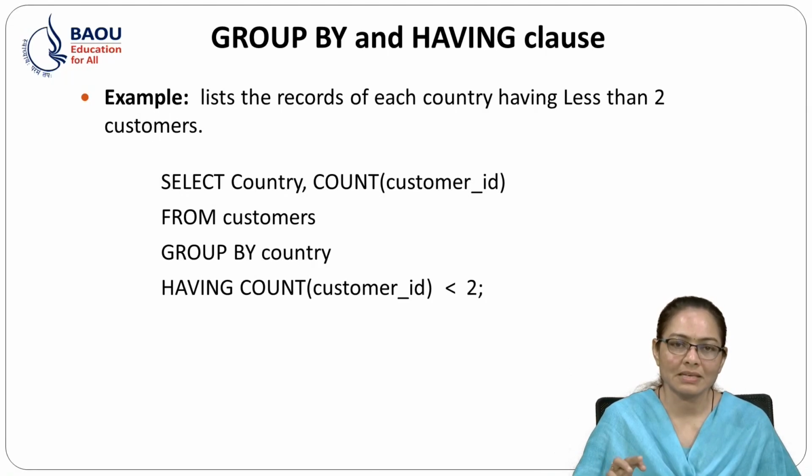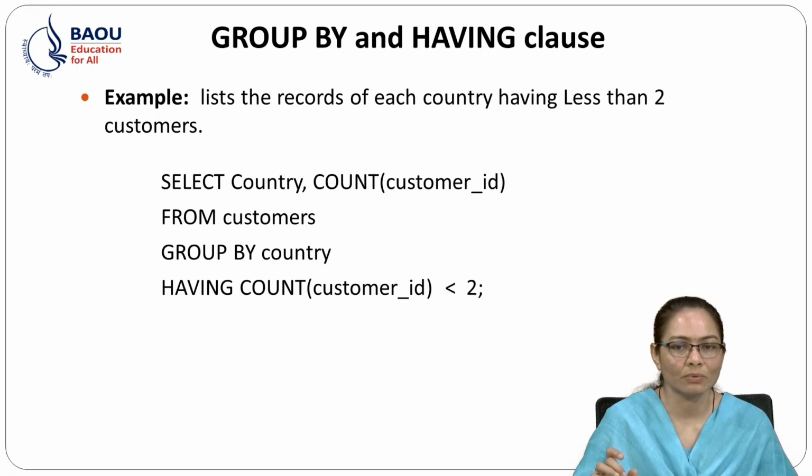So, in simple terms, which wise do we want a record? Country wise. So we write select country. The country is written with the group by clause. And which one is counted?